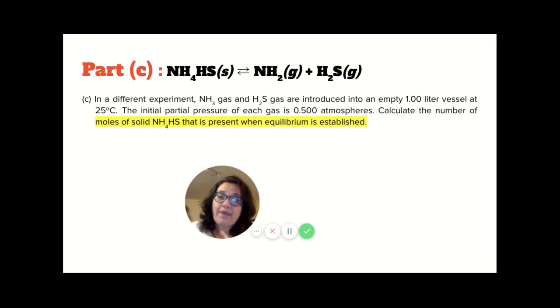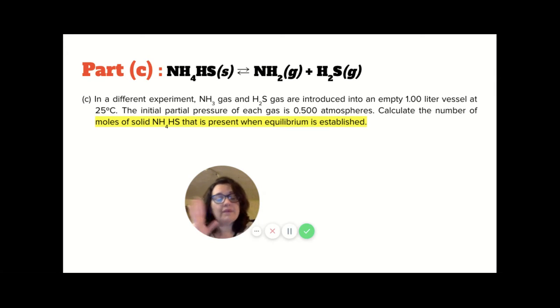Do I have a new Kp? No. I'm at 25 degrees Celsius, therefore the Kp still equals the value that we found in the previous part, the 0.109, I believe. So I know that when I multiply the partial pressures of the two gases, I'm going to end up with 0.109. That's the equation that's in my pocket.